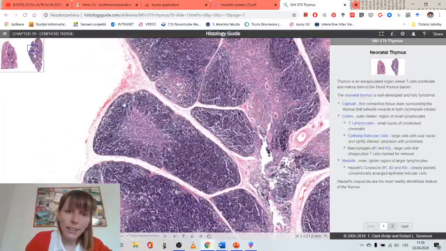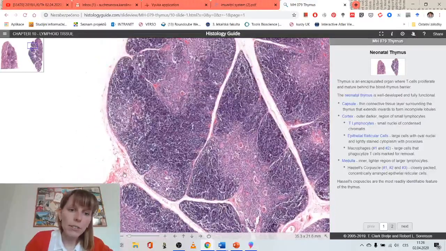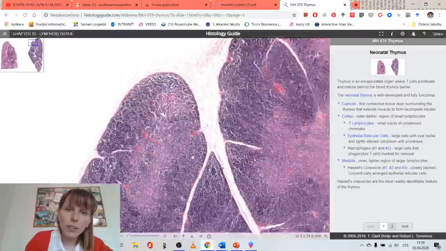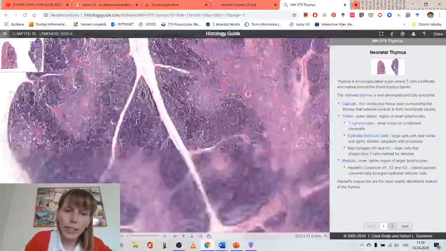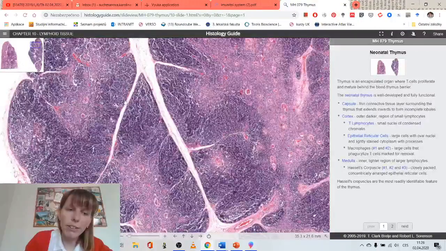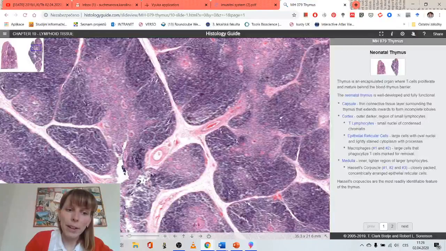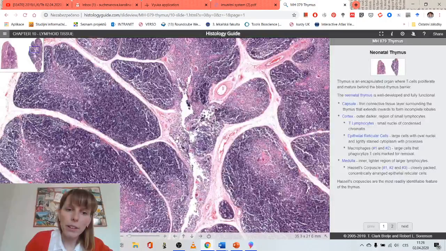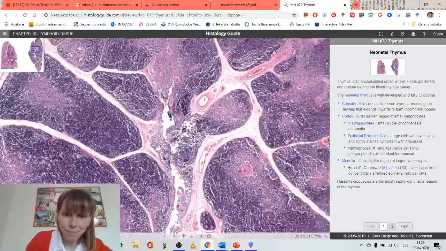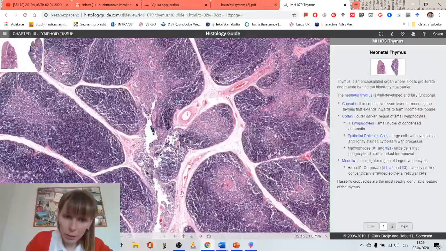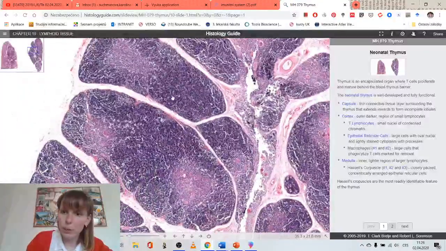So you can see darker areas, the cortex, and lighter areas, the medulla, and you can see connective tissue going around the organ and going into the organ, dividing these lobes, and so this would be the septa. Connective tissue septa dividing the thymus into these lobes, and all of these lobes will have cortex and medulla. In the middle here you have a lot of connective tissue with blood vessels as well.